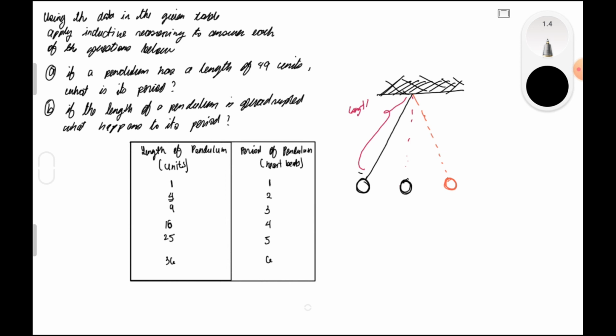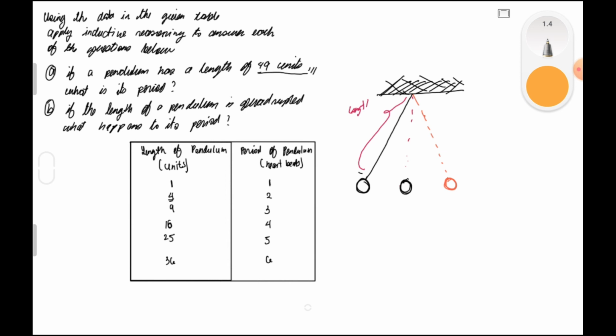So ngayon, yung first question natin is, if a pendulum has a length of 49 units, kung may 49 units to yung pendulum natin, what is its period? So okay, tignan natin yung relationship ng ating length at period. Okay, dyan pumapasok yung inductive reasoning natin, di ba?